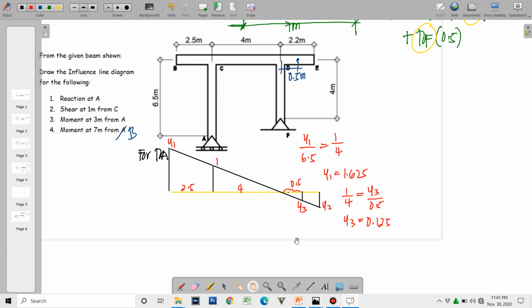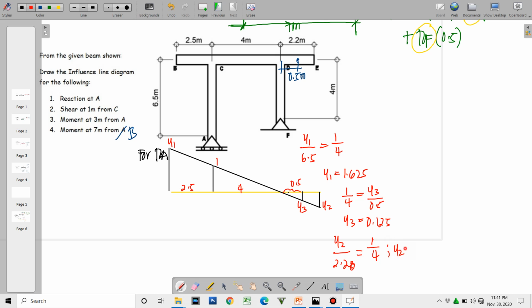So if you need y2, y2 is to 2.2 as 1 is to 4.